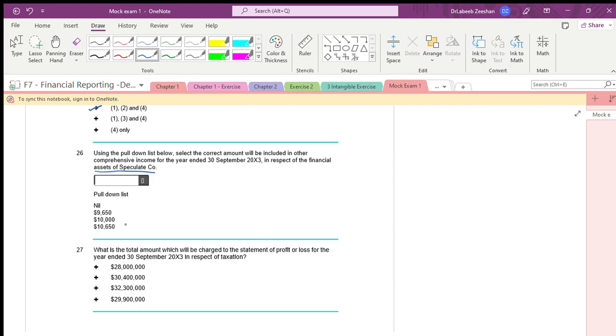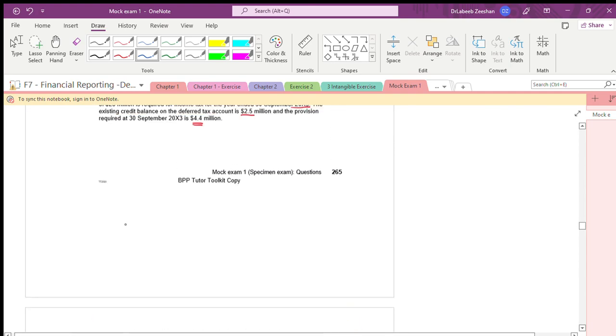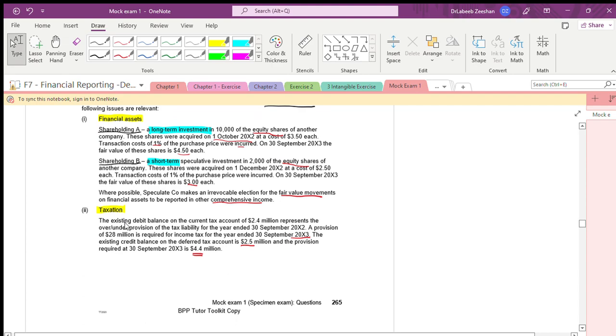Now, where are those financial assets? Fine. Shareholding A and shareholding B. Is it right?